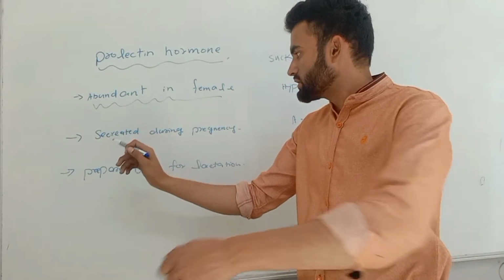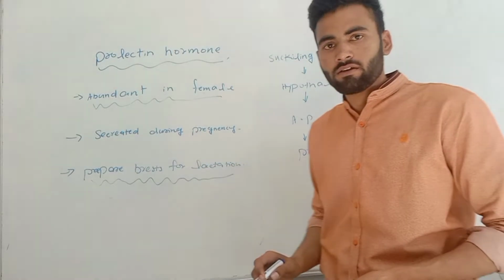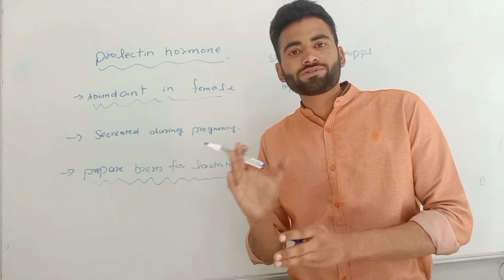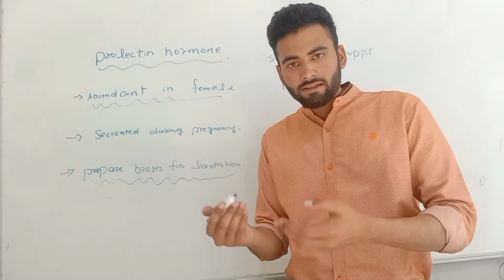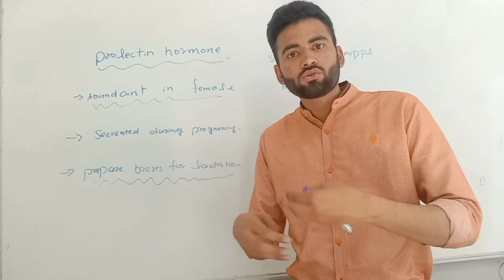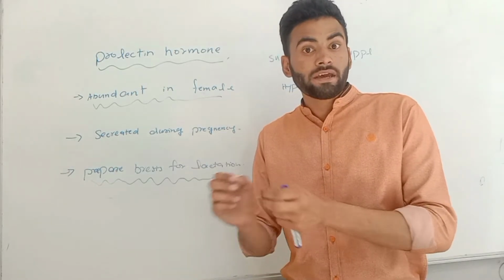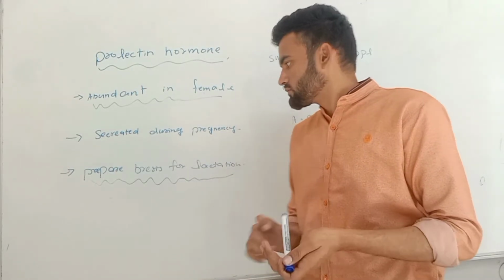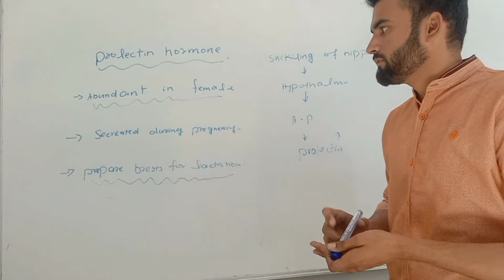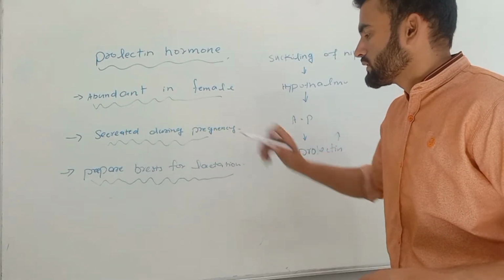And what are its functions? Its function is to prepare the breast for lactation. Whenever it is secreted during pregnancy inside the female, it is going to maintain and increase the growth of the mammary gland of the breast to prepare the breast for feeding. So it prepares the breast for feeding, and it is secreted during pregnancy.